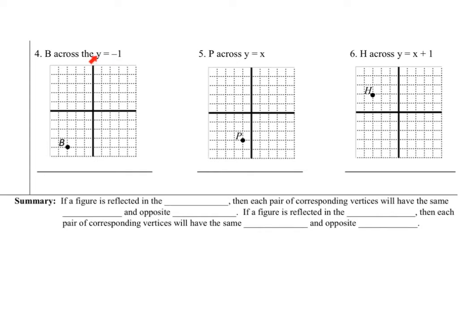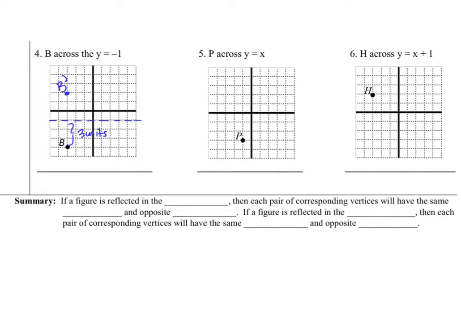In number 4, we're going to reflect B across y equals -1. So I go to my y-axis, and at -1, we're going to draw a horizontal line through -1 on the y-axis. Then we figure out how far away point B is from this line y equals -1. Point B is 3 units away from the line, so B prime is going to be 3 units away from that same line.